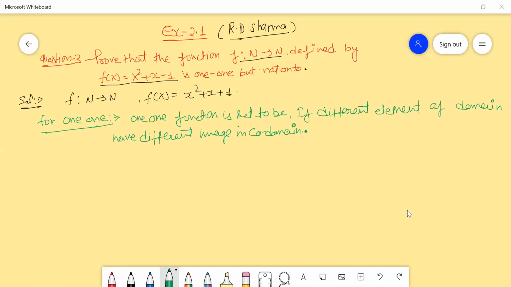When this condition is satisfied, we say this function is one-one.